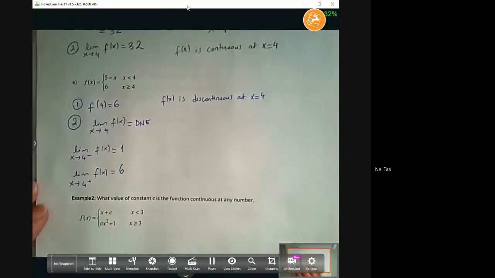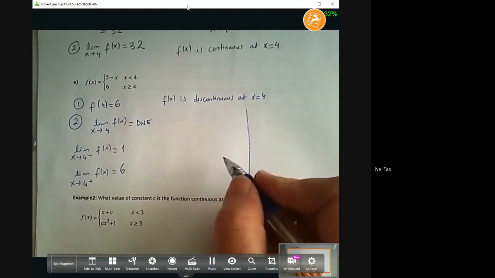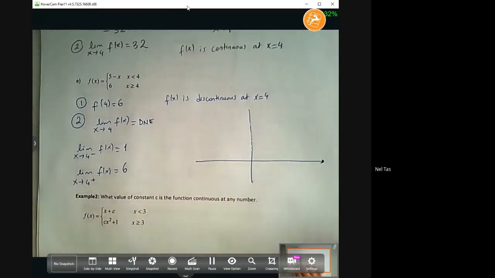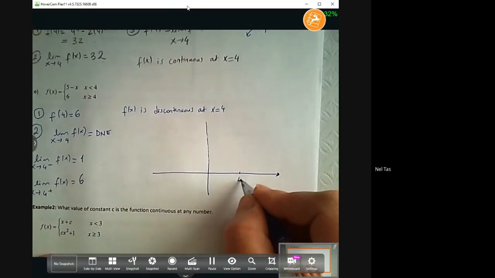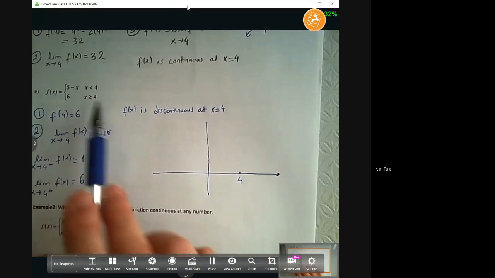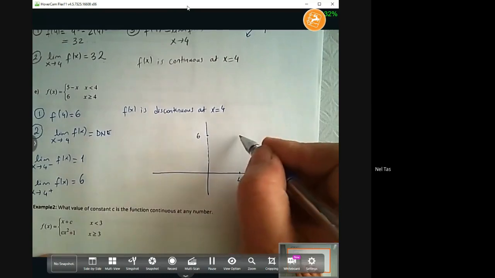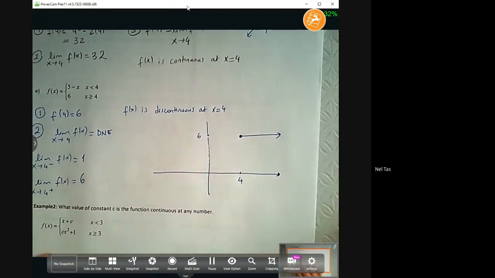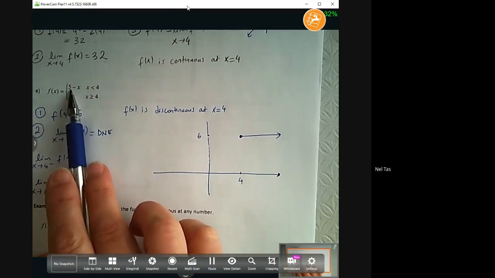If you were to sketch this function, let's say this is 4. When x is greater than or equal to 4, it is the y equals 6 line. And when x is less than 4, it is 5 minus x.